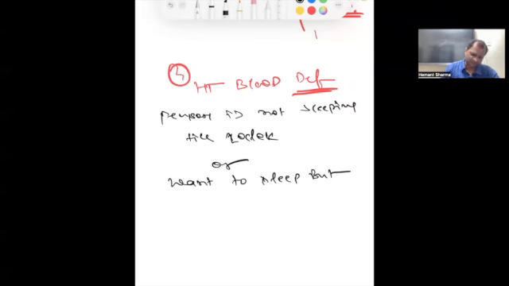Sleep is not coming. Wants to sleep but has insomnia.